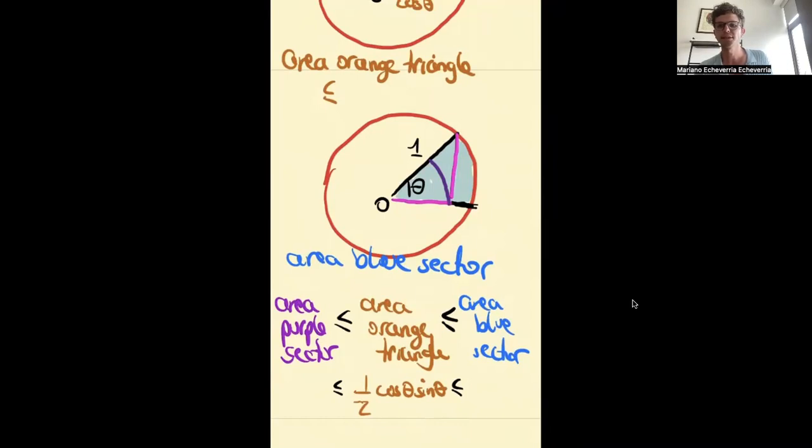Okay, now what's the area of the blue sector? Anyone remembers that I gave you a formula yesterday for the area of a circular sector? Anyone copy that? If not, I can just go back and show it to you. Yeah, good.